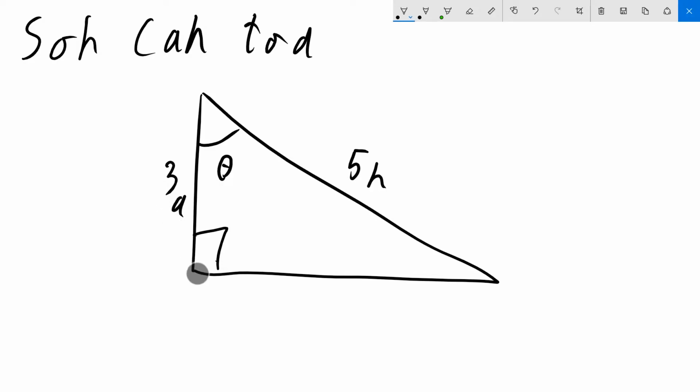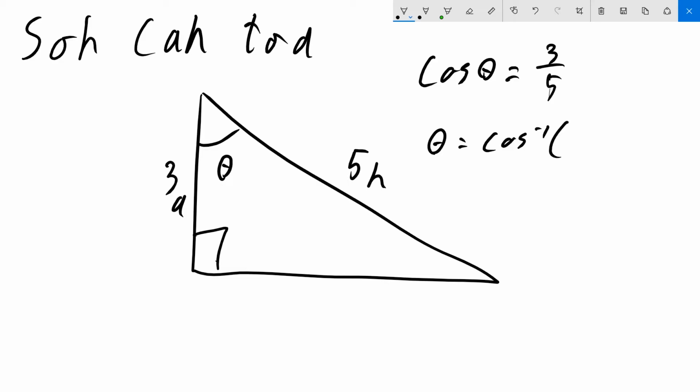So what deals with adjacent and the hypotenuse? Cosine does. So cosine theta is going to equal the adjacent 3 divided by the hypotenuse 5. So theta is going to equal inverse of cosine 3 divided by 5.